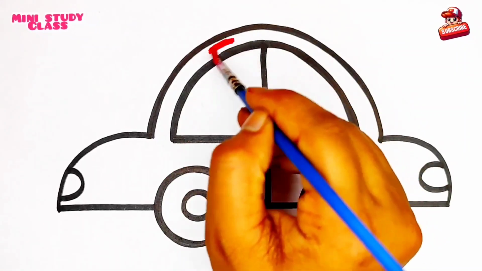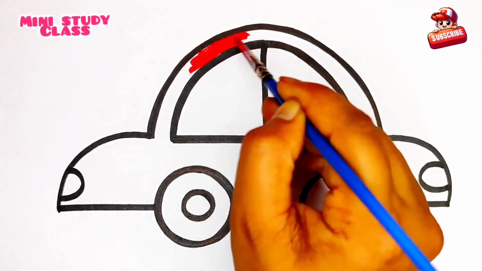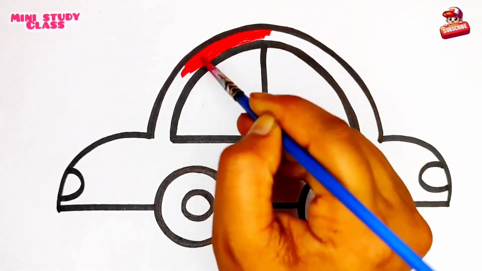Now it's time for coloring. We use red color to color the body part of the car.